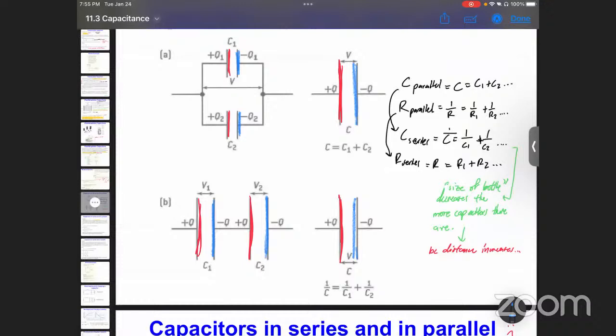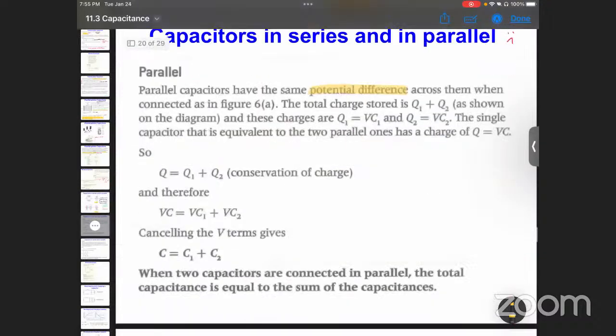Then again, let's move on. This one is explaining the formula. You can read through if you want to. It complements my explanation, so it's good to know, I guess.